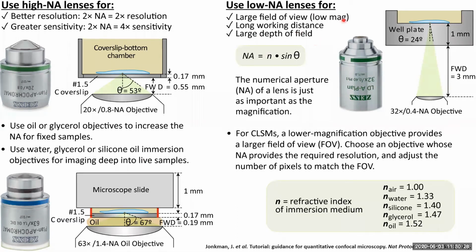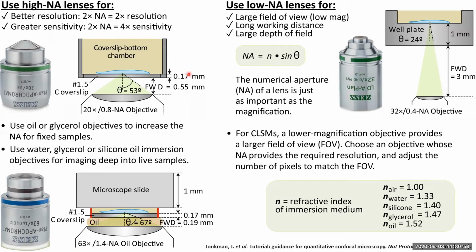Now, the argument that you need a low NA lens for a large field of view is not quite true anymore, especially since most modern microscopes come with tiling, mosaic or stitching software or features that allow you to use a high NA lens and stitch a bunch of images together pretty quickly to give you a large field of view and very high resolution.